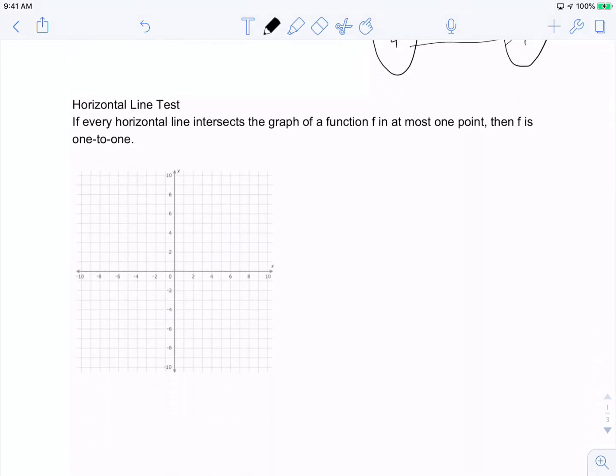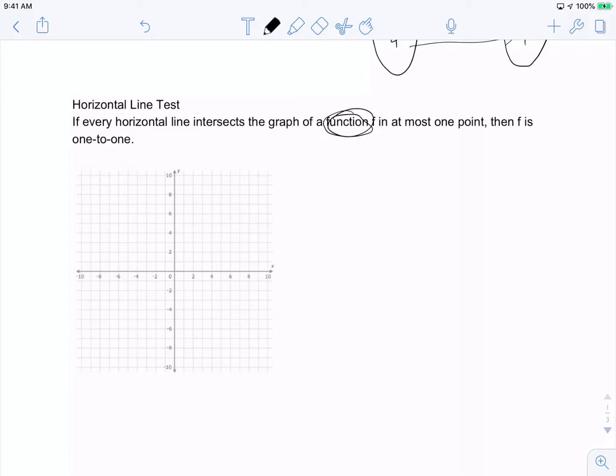Another way to determine a one-to-one function is the horizontal line test. Now, the one key thing here is it says that for every horizontal line that intersects the graph of a function, and it's critical that we understand it's a function f, at most one point, then f is one-to-one.